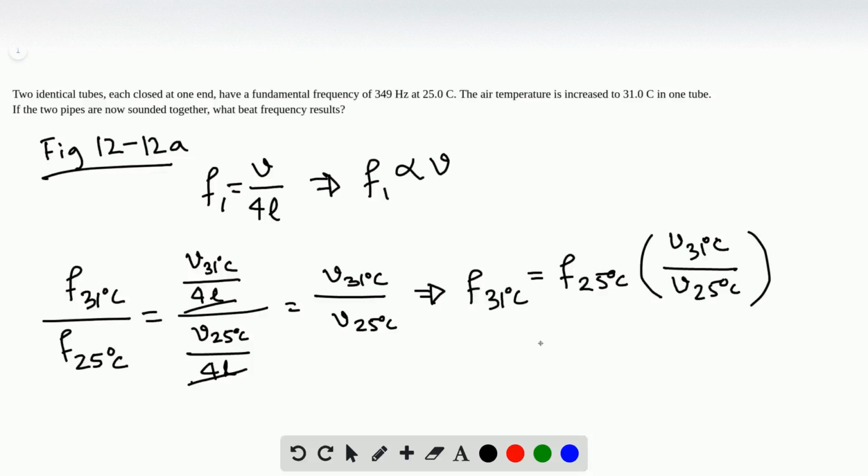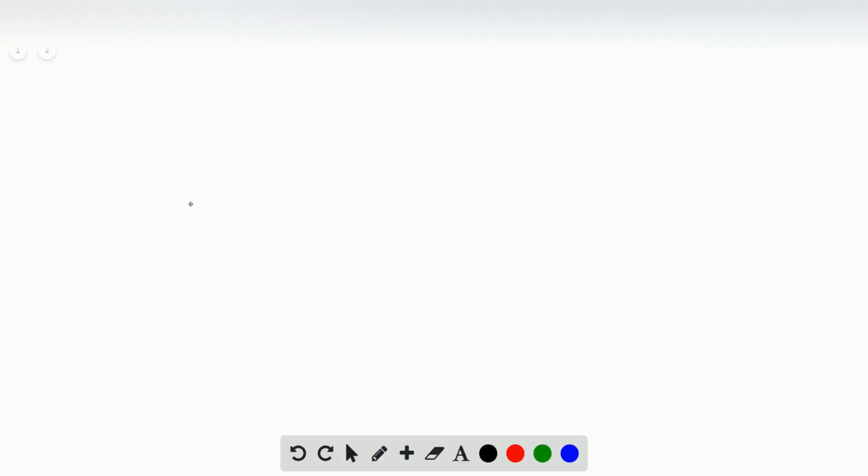So our ultimate goal is to find the beat frequency. Since we know that the frequency will change, our beat frequency will be the change between frequency at 31 degrees Celsius minus frequency at 25 degrees Celsius.